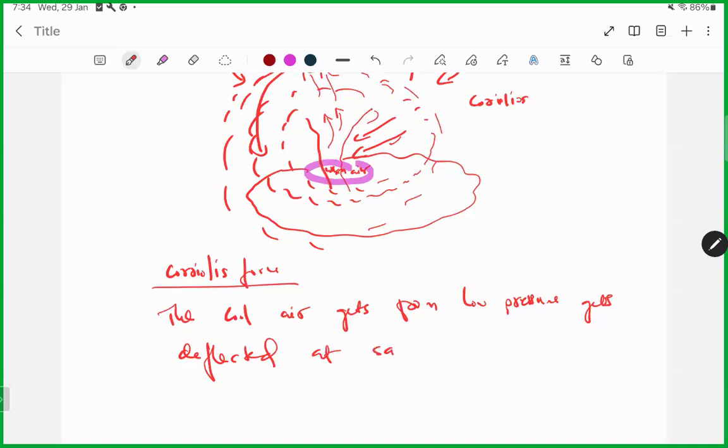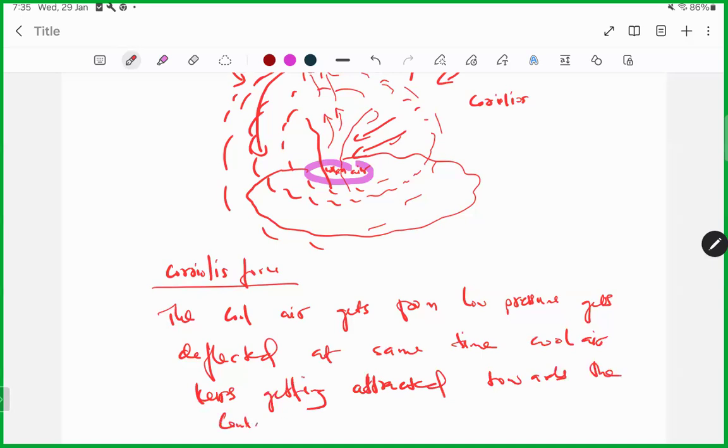At the same time, cool air keeps getting attracted towards the center.